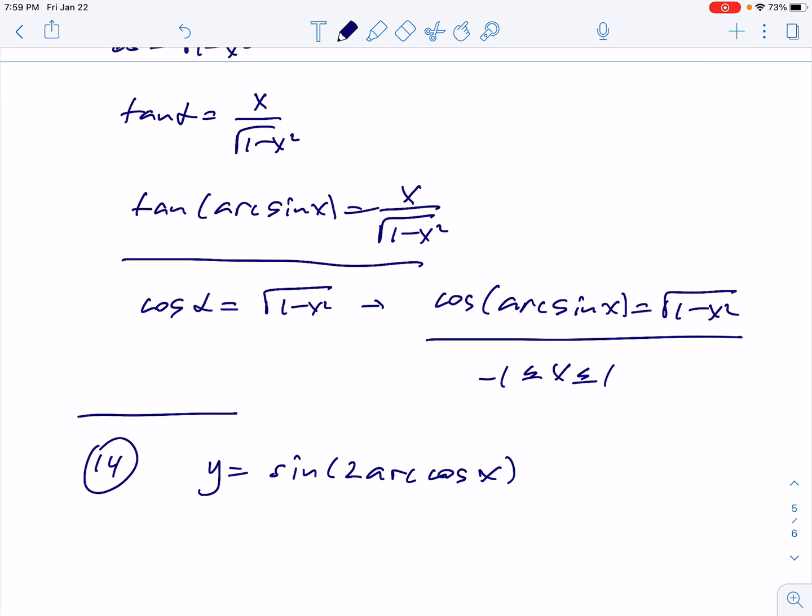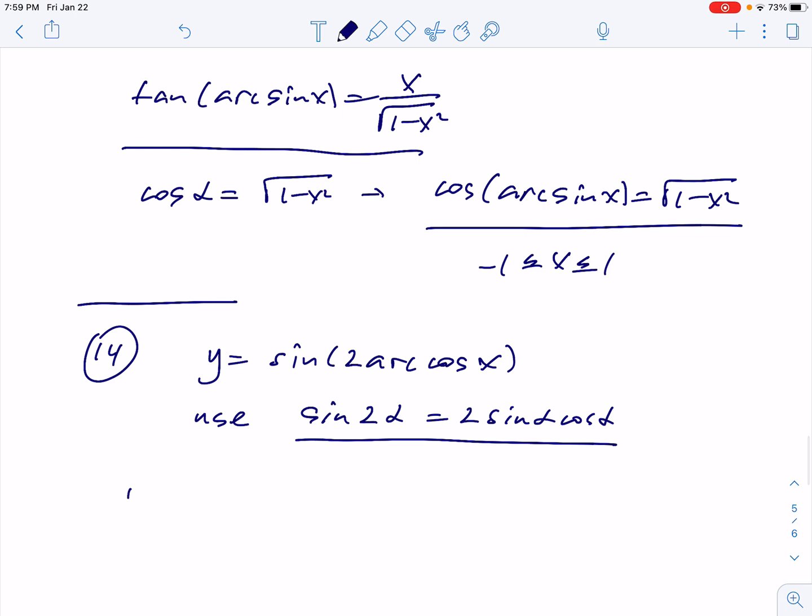The sine double angle formula, sine of 2 times something. We have to use this: sine 2 alpha is 2 times sine alpha cosine alpha.